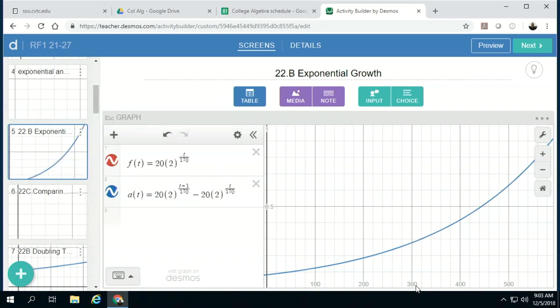Looks like it. So over the course of time, what do you notice about that exponential growth function that we had, the red function, compared to its slope function? It also is an exponential function.